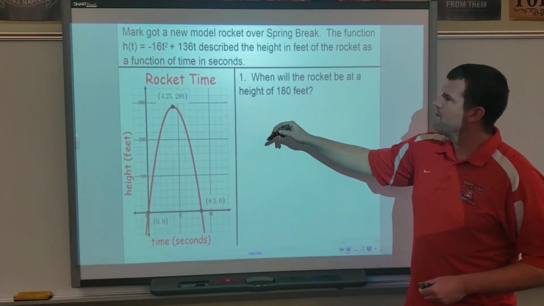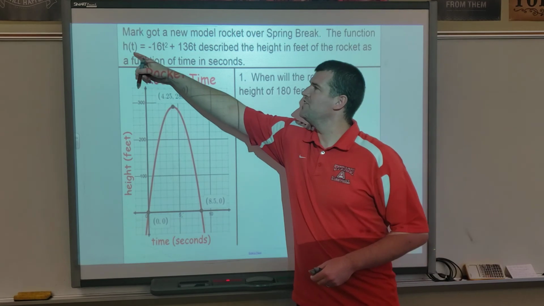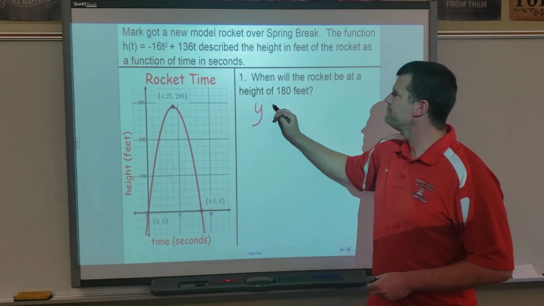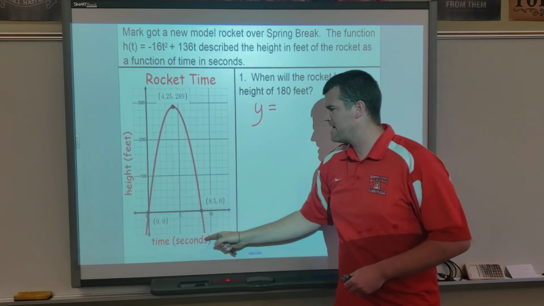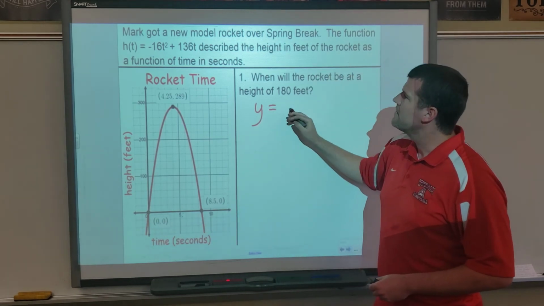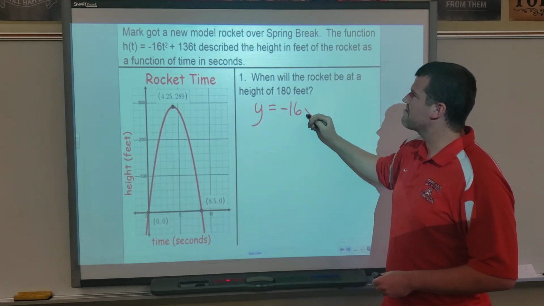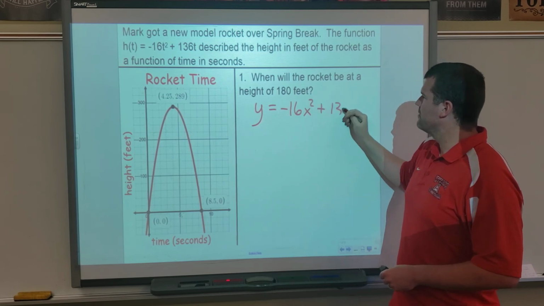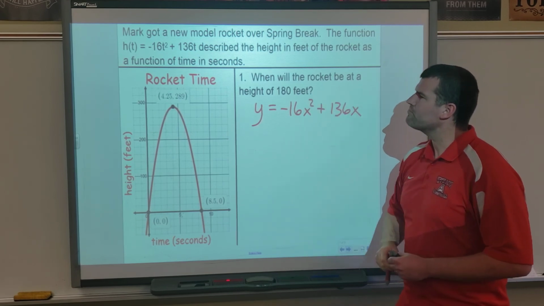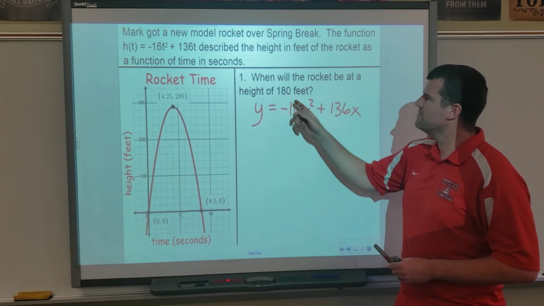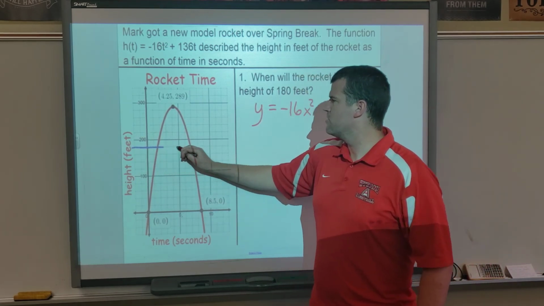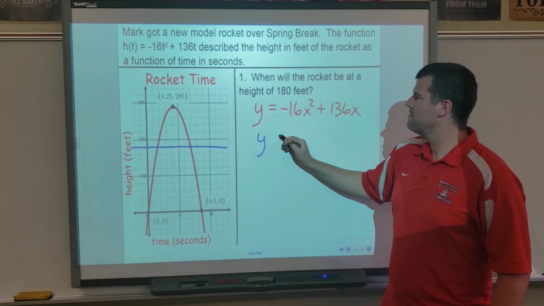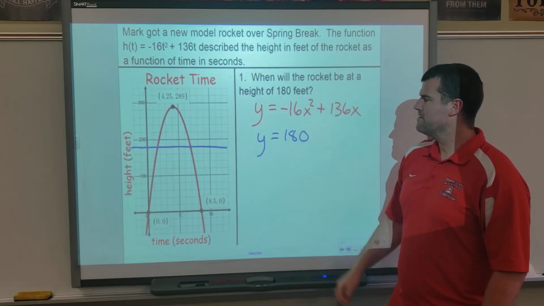For the parabola, for our rocket, I can replace h of t with y. I can replace t with x, because t is representing my x-axis. And so I get negative 16x squared plus 136x. And then my second equation, for when it reaches 180 feet, is just the equation y equals 180.